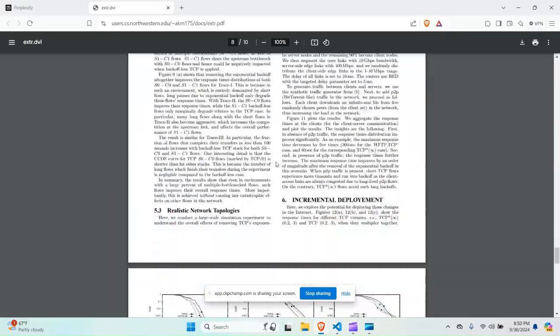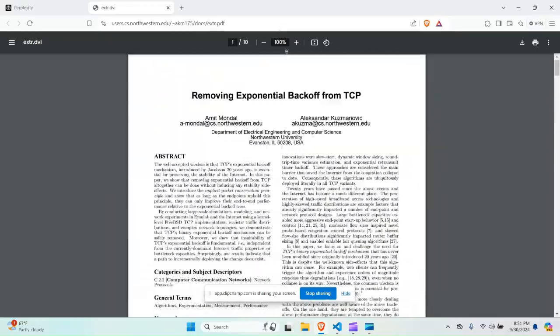So what he said is, you can basically remove TCP's exponential backoff and still have relatively good congestion control, as well as a very significant increase in throughput performance. That was his core proposal, and he was able to prove it by simulating in the NS2 simulator.